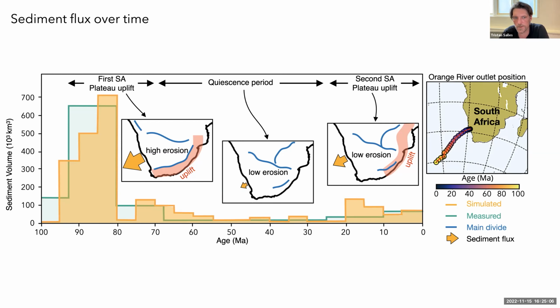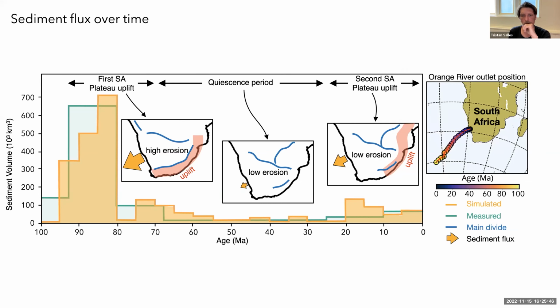Overall it's not a perfect match, but we've got a really good representation of the first order evolution of the Orange River, which gives us some confidence about how the paleo-elevation is mimicking the evolution of the region during that time interval. So it gives us some confidence about the quality of this specific paleo-elevation for this region.